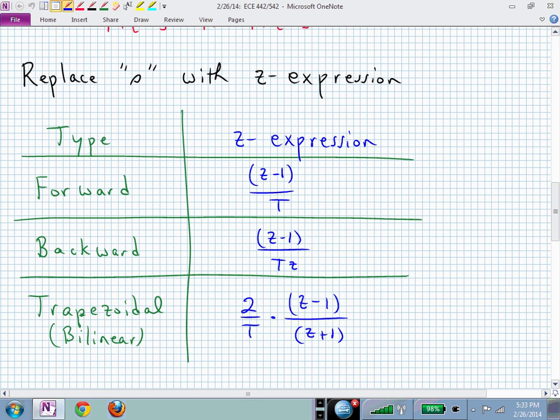It has a z and a 1 downstairs, and it has this 2 over T in front. So if you hear somebody talk about a bilinear transformation, that's the basic strategy. You could do some warping to make certain frequencies match. We aren't going to worry about that in this class.